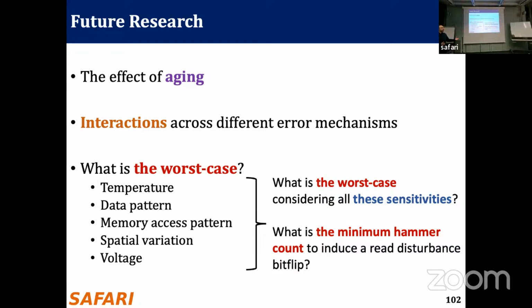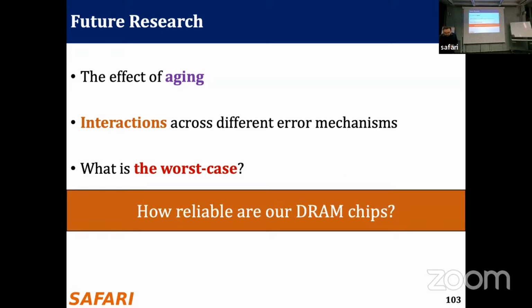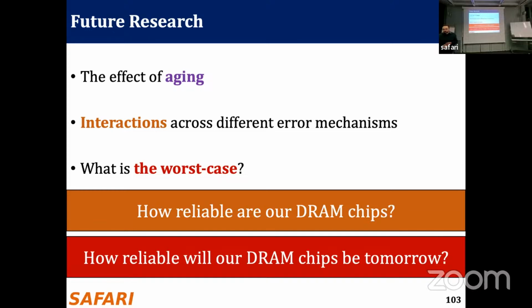But if this value is a lie, then your system is not reliable anymore. So it brings the question, how reliable are our DRAM chips? And more importantly, how reliable will our DRAM chips be tomorrow? These are important to understand, and I think we need more research in this direction.